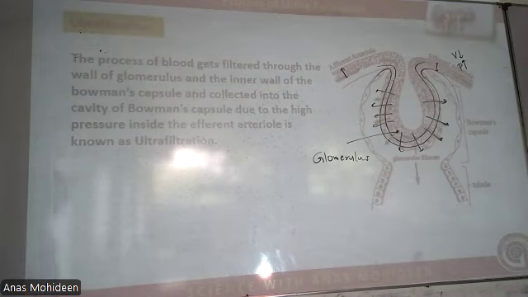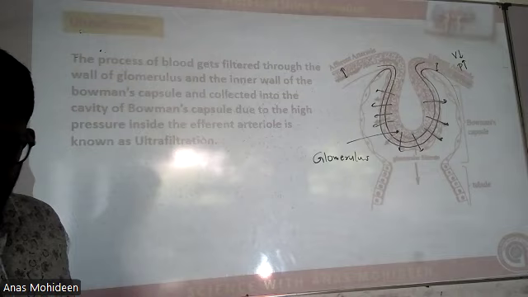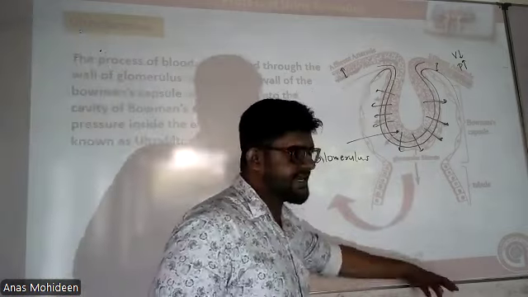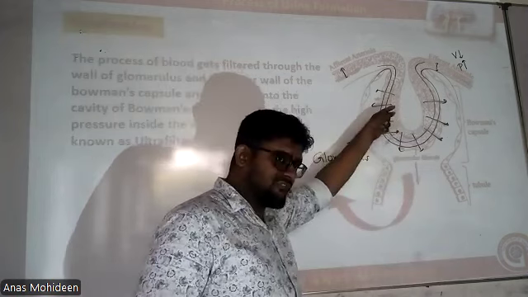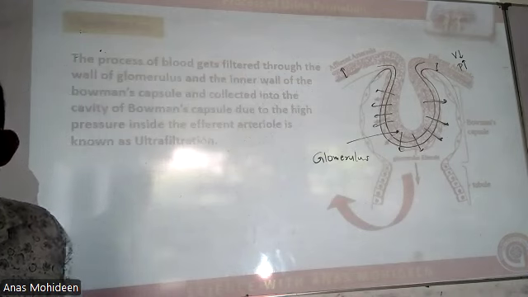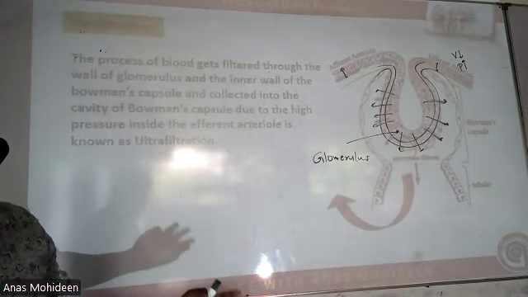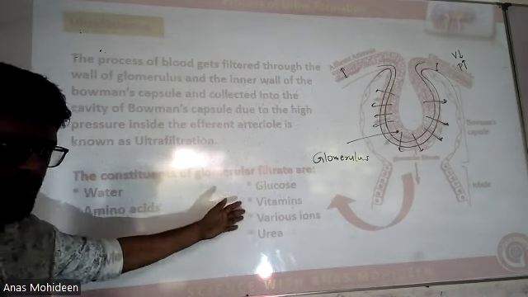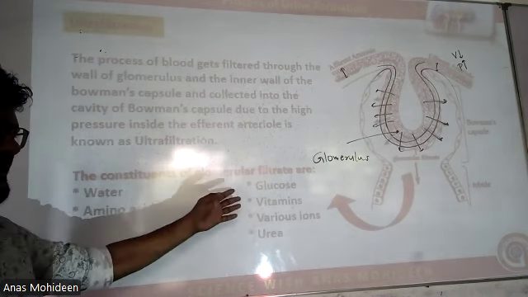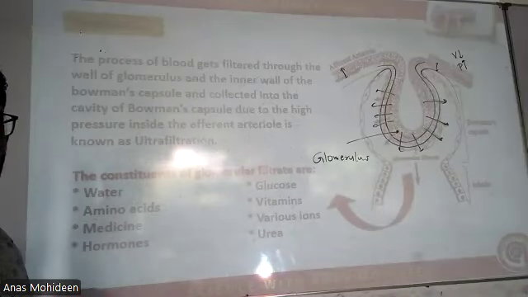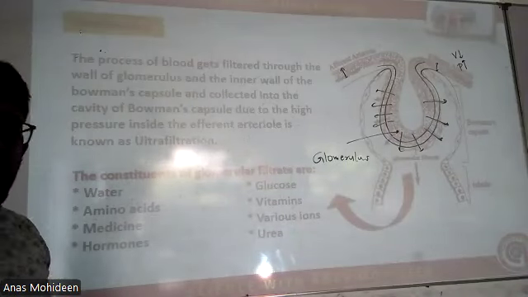Now, the glomerular filtrate. What gets filtered here is the blood. After getting filtered, what goes into the Bowman's capsule is what we term the glomerular filtrate. It mainly contains water, glucose, amino acids, vitamins, medicines, ions, urea, and hormones.